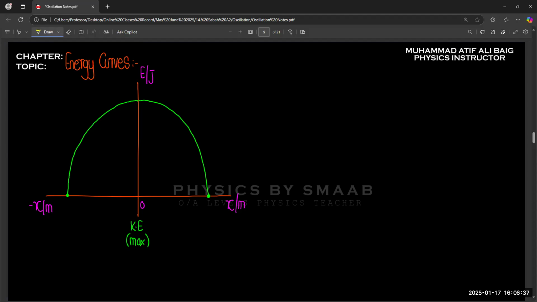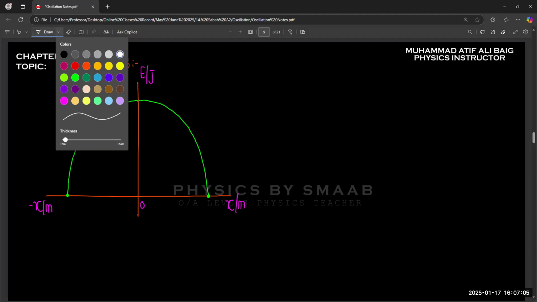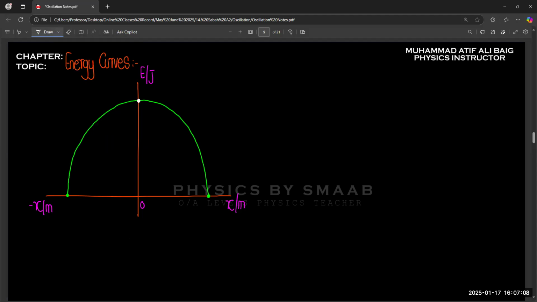Potential energy maximum. This is specifically for kinetic energy, so it's maximum at zero displacement.